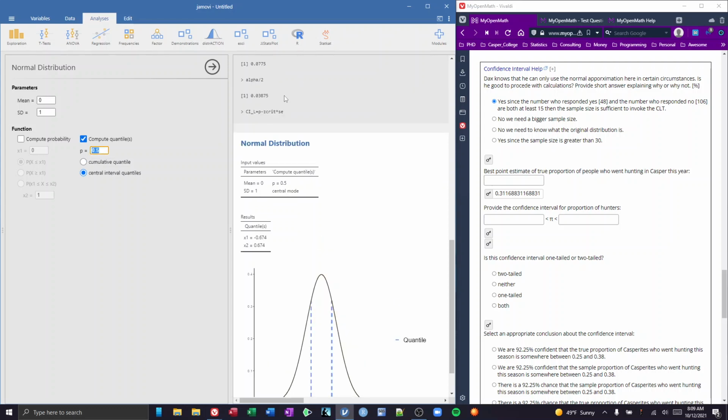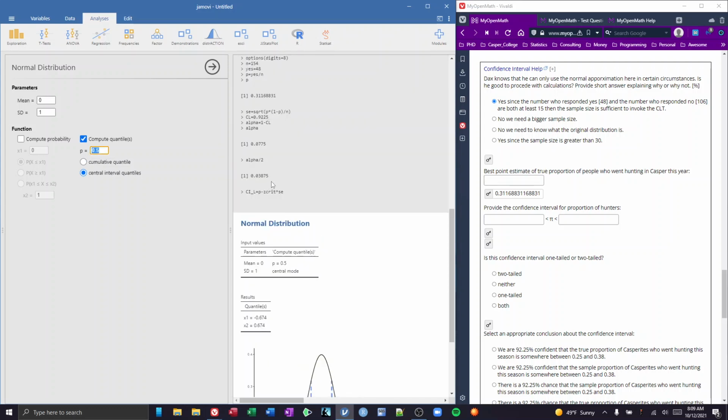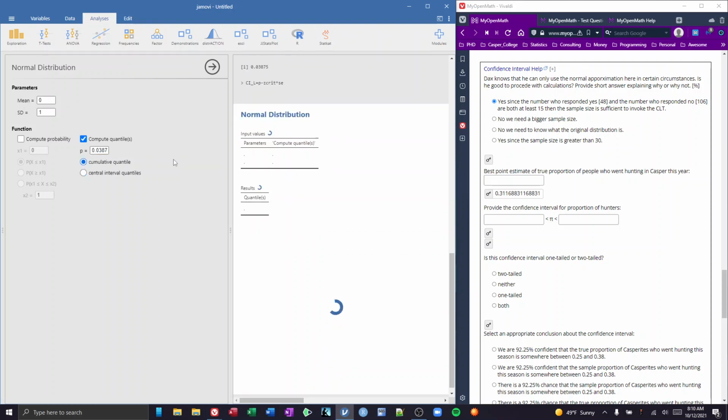And the quantile that I'm going to use is this alpha divided by 2, 0.03875. And I need to make sure that I'm on the cumulative quantiles. Okay, and I just need the absolute value of this number, because when we do two-tailed, we're actually going to go from this side here and this side over here.